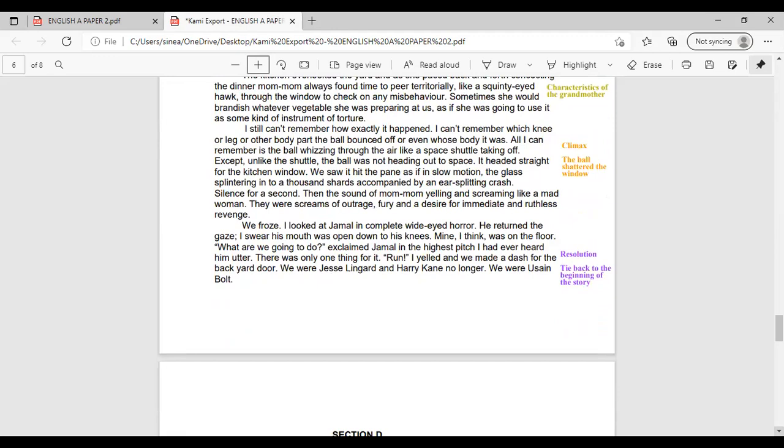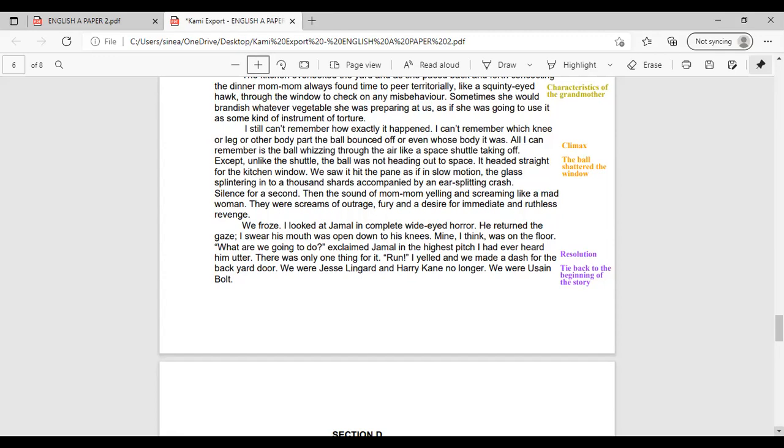Then every story has a climax, and a climax is really the highest point of the story, the highest peak of the story. So the highest peak of the story, I still can't remember how exactly it happened, but however, listen, the ball shattered the window. And I think it was very strategic in terms of saying that we saw it hit the pane as if in slow motion, the glass splintering.